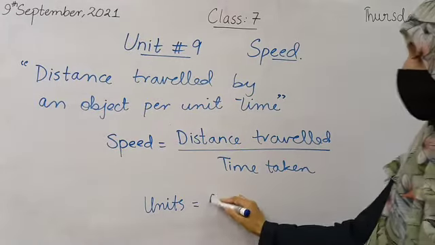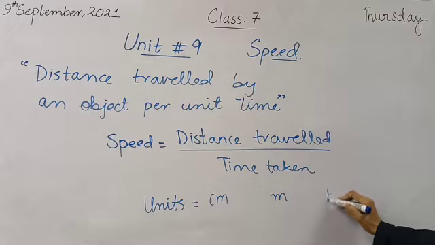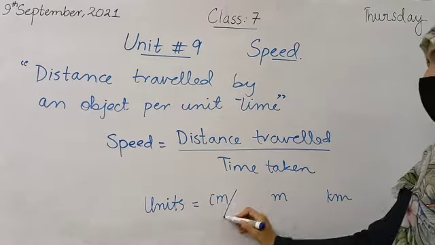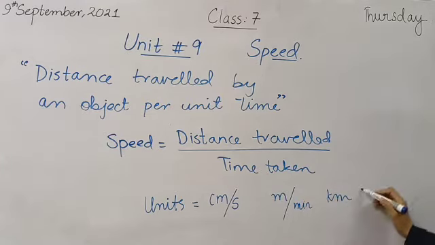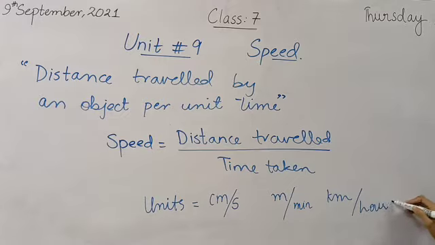Distance can be in centimeter, meter, kilometer, etc. Time can be in seconds, minutes and hours. Centimeter per second, centimeter per minute, centimeter per hour. Similarly, meter per second, meter per minute, meter per hour. And kilometer per second, kilometer per minute and kilometer per hour. These are the units of speed.